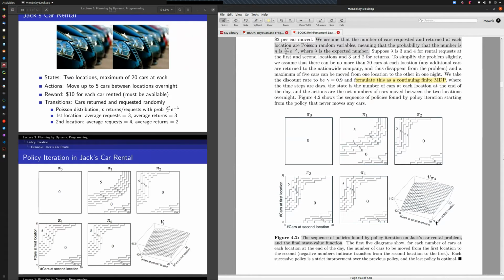This is the cars at the first location, cars at the second location. If they move from 0 to 20 and 0 to 20, then what's the rate here? The value iteration of how they do it. This is a kind of projection which I'm unfamiliar with. I had a query here, if you guys have some viewpoint of how this is formulated.